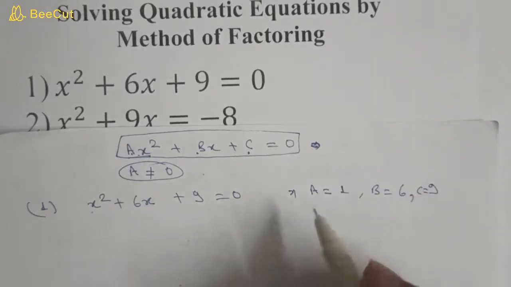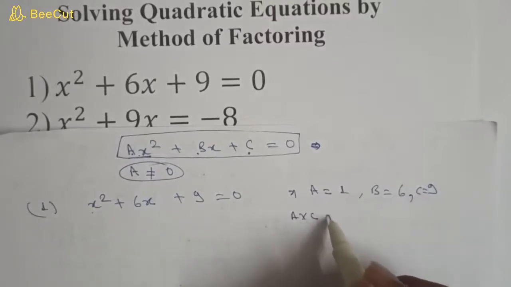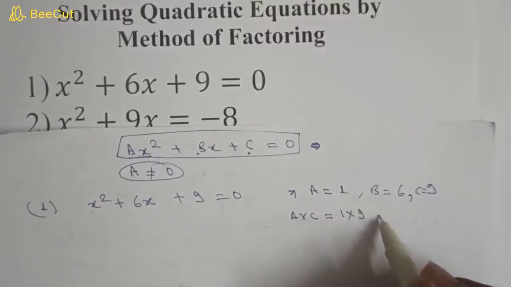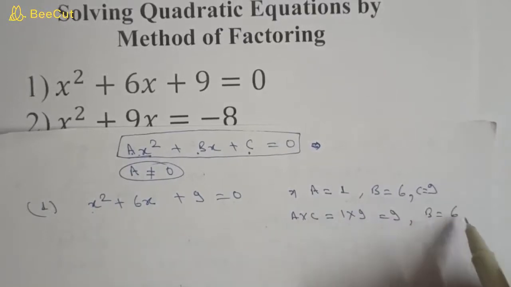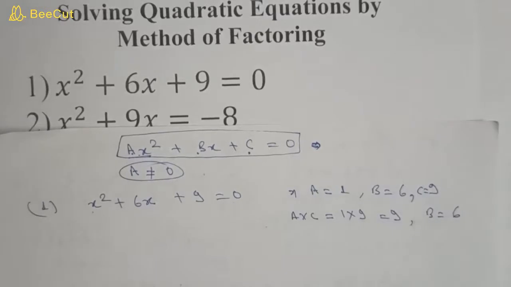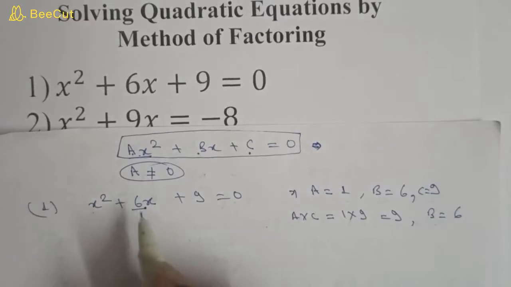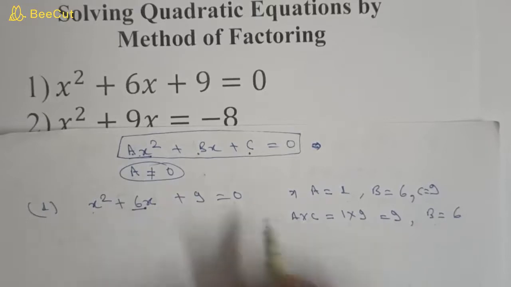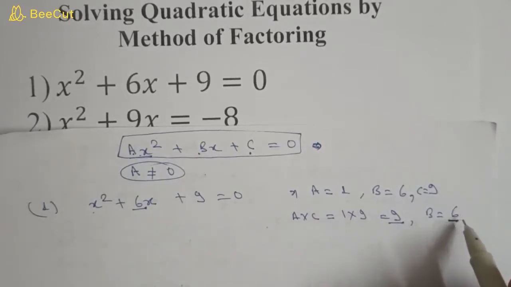Okay friends, so what we have to do, first we have to multiply a and c. a times c is 1 into 9, which is 9, and we have to write the value of b, b = 6. Now we have to take this 6 and factor it into two numbers such that the multiplication of these two numbers is equal to ac, and if we add these two numbers, it will be equal to b, which is 6.